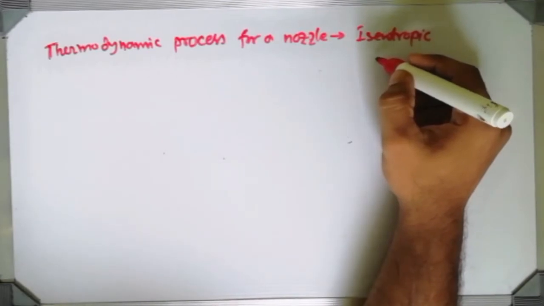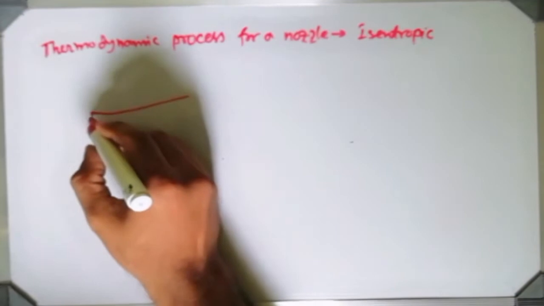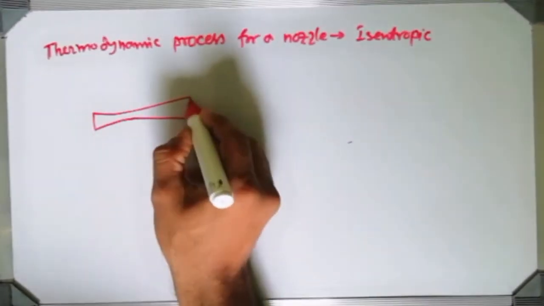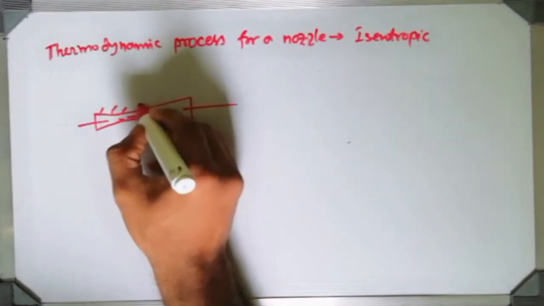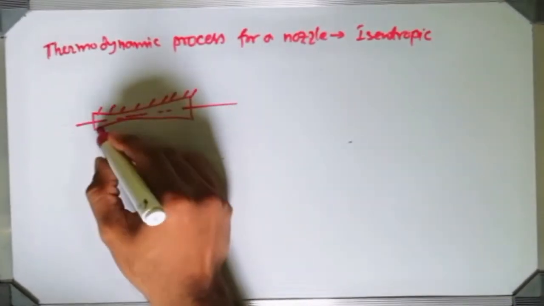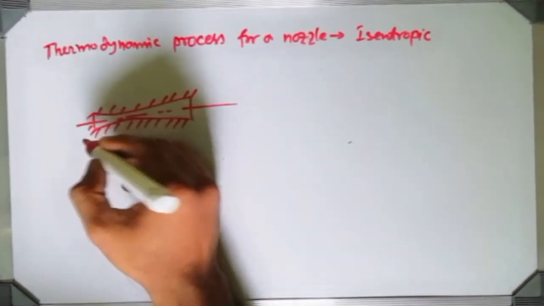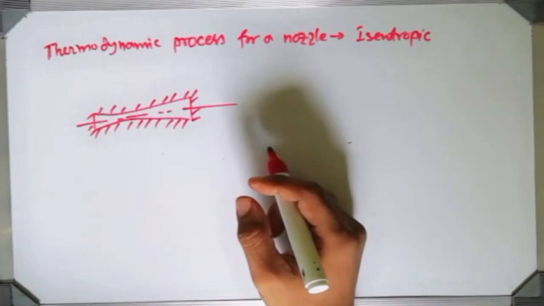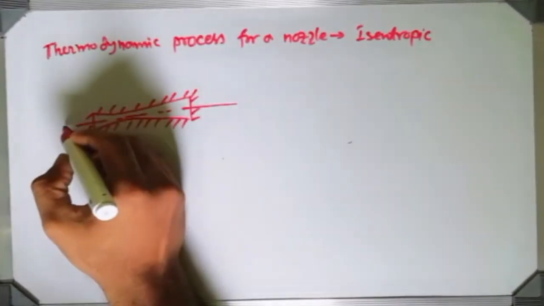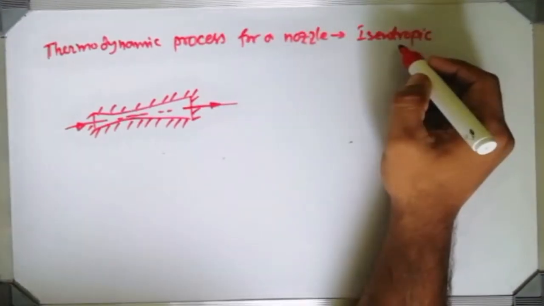That means the nozzle is completely insulated. Like this is a nozzle, suppose it is a device completely insulated from the outside, so no heat will transfer through this boundary to the system, and no heat will be radiated to the atmosphere also. It is the incoming side, it is the outgoing side. Actually, the isentropic process is a hypothetical one.